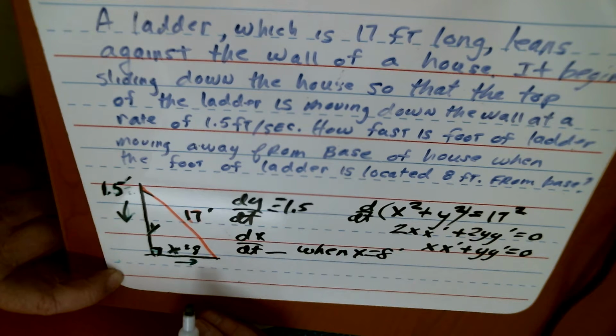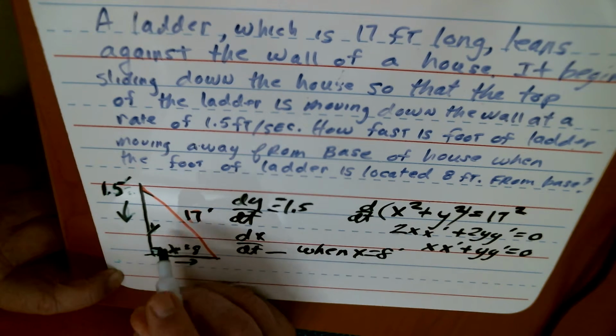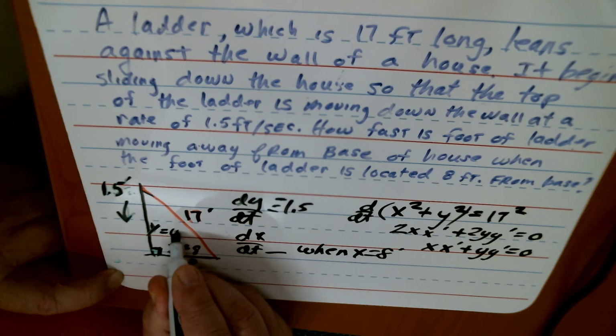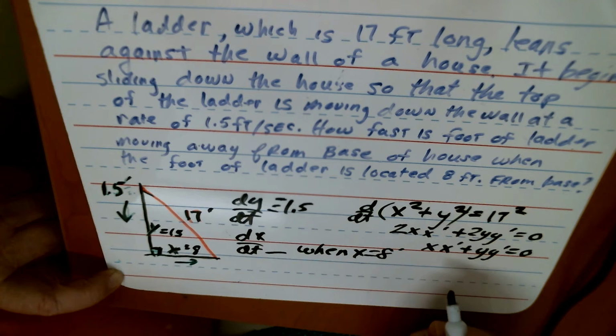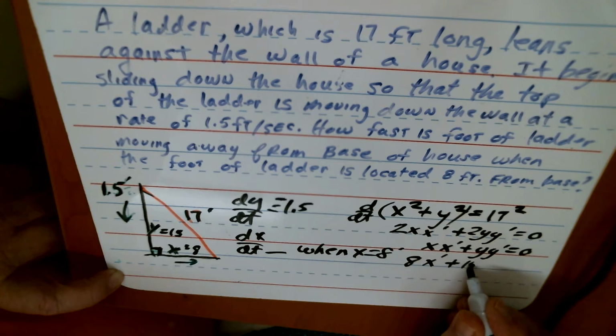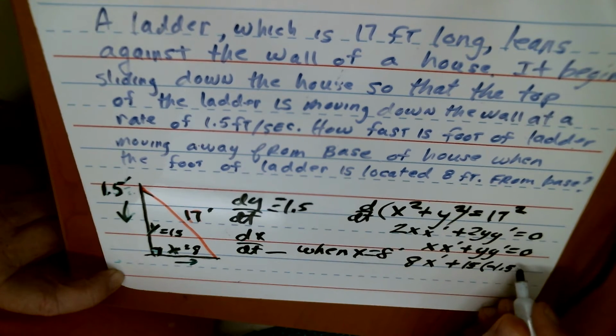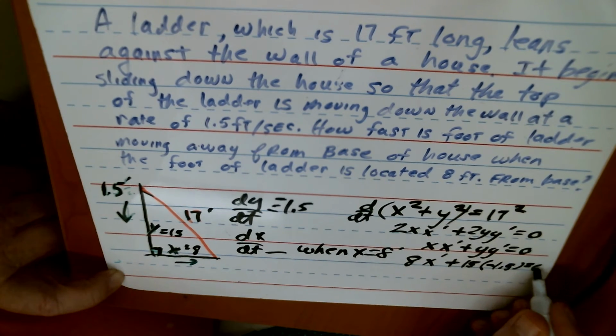The third side, y, can be found by using the Pythagorean theorem, and by using that theorem we find that y will be 15 when x is 8. So substituting those numbers in, we have x is 8, x prime is what we wish to find, y is going to be 15, and y prime is going to be negative 1.5 feet per second, and that's going to equal 0.